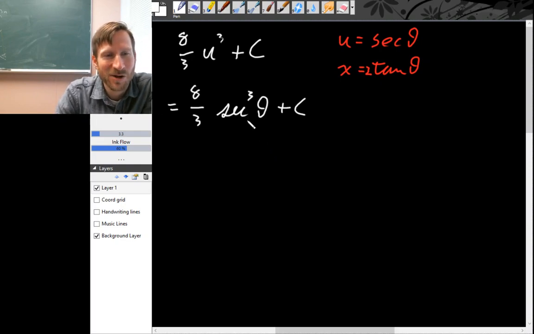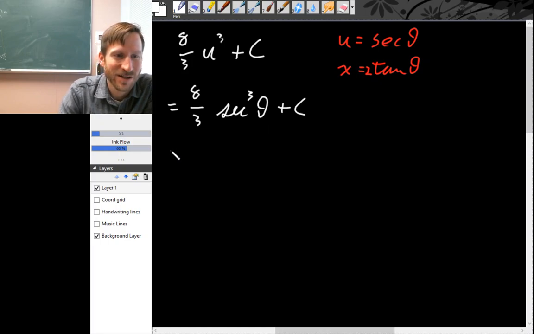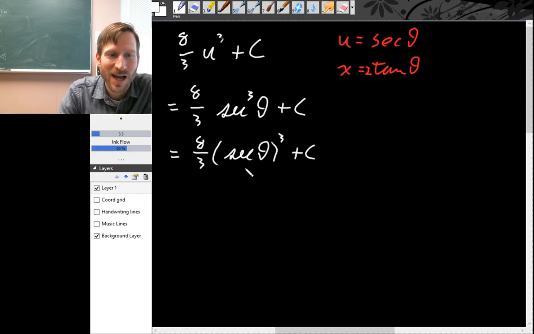And now somehow we need to rewrite secant theta in terms of x. To do that, let's write the power separately. So 8/3 times secant theta cubed plus c. So what we need to do is figure out, how do we turn secant theta into x?